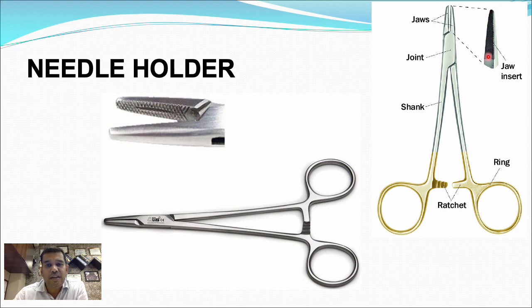So this is better needle holder available nowadays. So what is the use of this needle holder? It is used while suturing, while closing the skin, or while closing the fascias, or while taking some bite through the tissue. How do you sterilize? Sterilization remains the same, that is autoclaving.